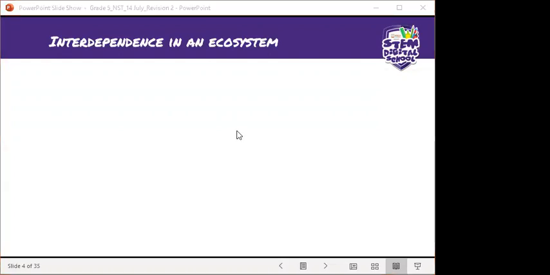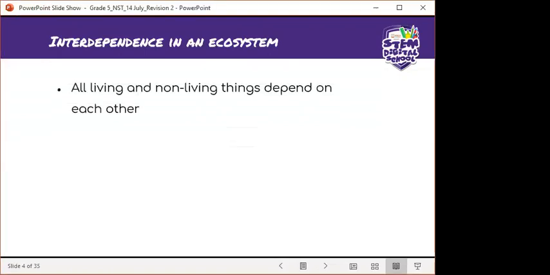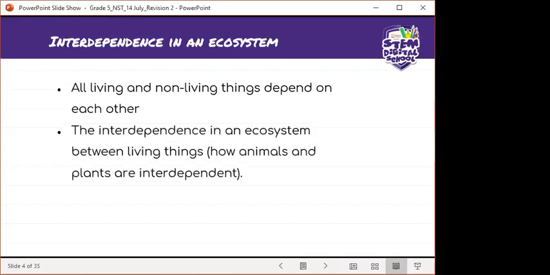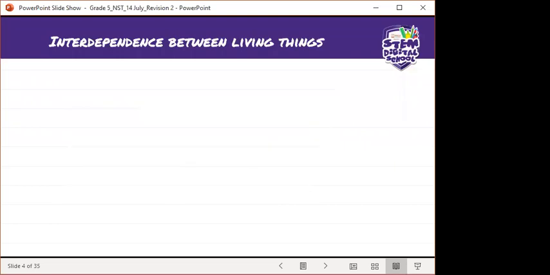All living and non-living things depend on each other. Interdependence in an ecosystem is either between living things, which is how animals and plants are interdependent, depending on each other for certain things, or between living as well as non-living things.